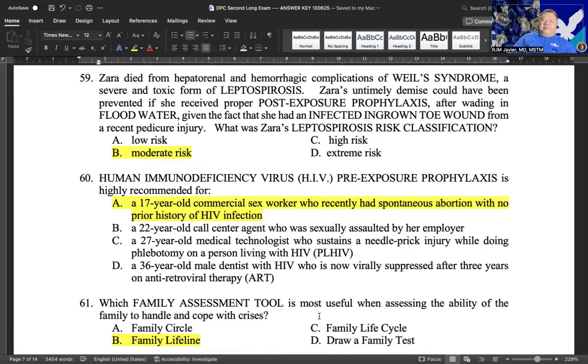This is actually a joker number, letter D, because there's no such thing as extreme risk in the leptospirosis risk classification.